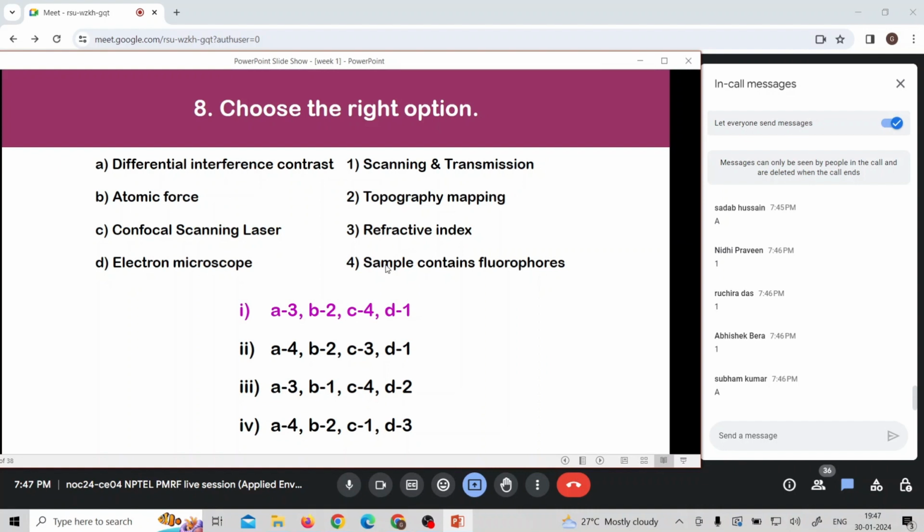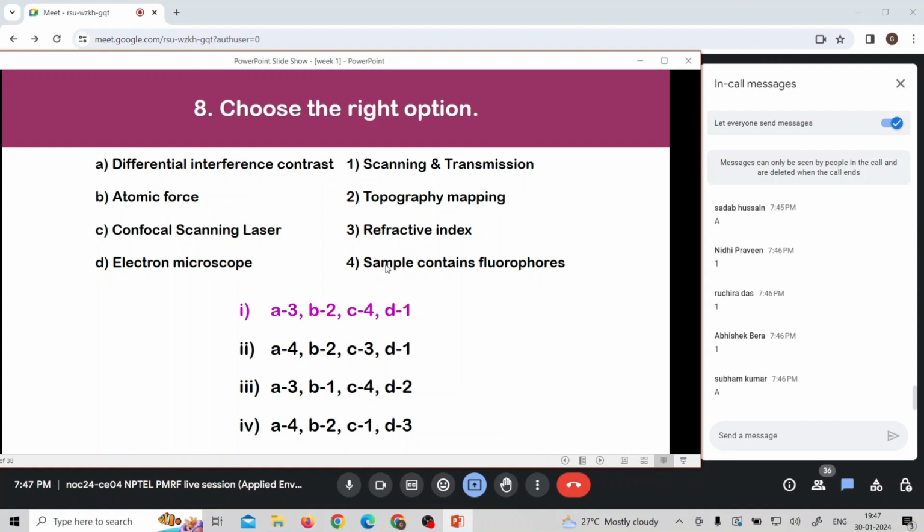We have two methods called the scanning and transmission electron microscopes. They vary in their mechanism: as the name suggests, the scanning electron microscope scans the surface under examination, whereas the transmission electron microscope penetrates. I'll explain more about this in the discussion part.